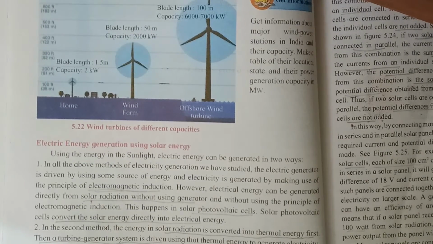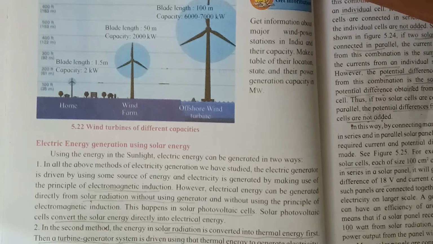Solar energy means the energy available from sunlight, right? And it is available in abundance throughout the year in the daytime. There are two ways by which electricity can be generated using solar energy.